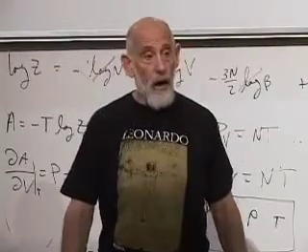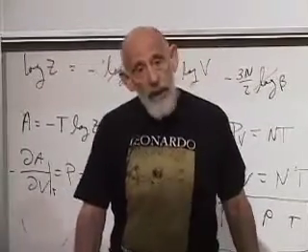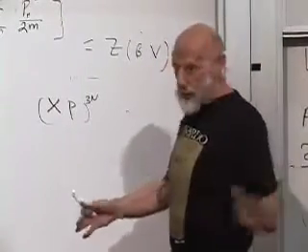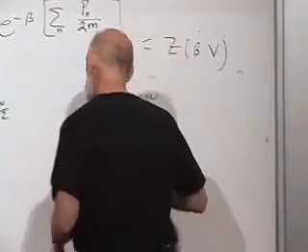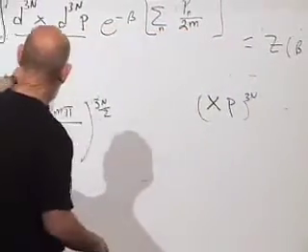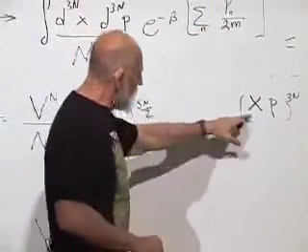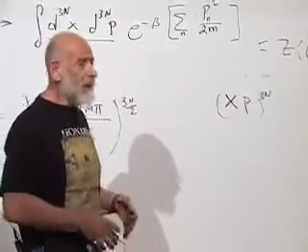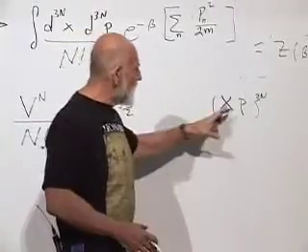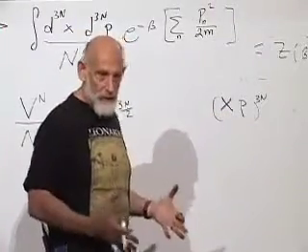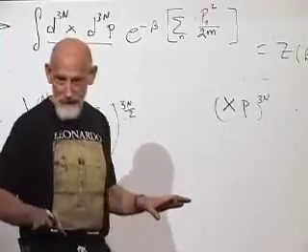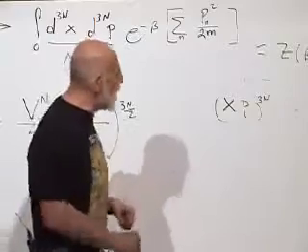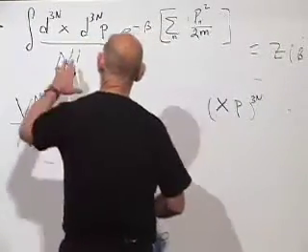To make it dimensionless, and it won't change any answers, what we do is divide each factor of an x times a p by a constant of nature with the dimensions of x times p. It doesn't matter what constant we divide by, but just to give it the right dimensions, we divide by Planck's constant.